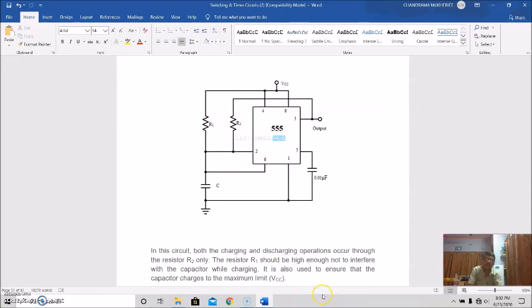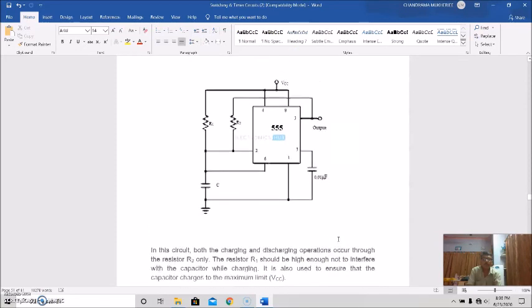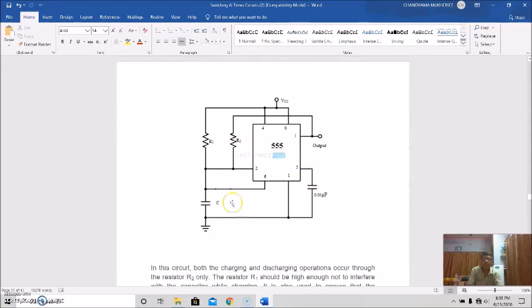In this circuit, both the charging and discharging operations occur through the resistor R2. The resistor R1 should be high enough not to interfere with the capacitor when charging. It is also used to ensure that the capacitor charges to the maximum limit, that is the supply voltage VCC.